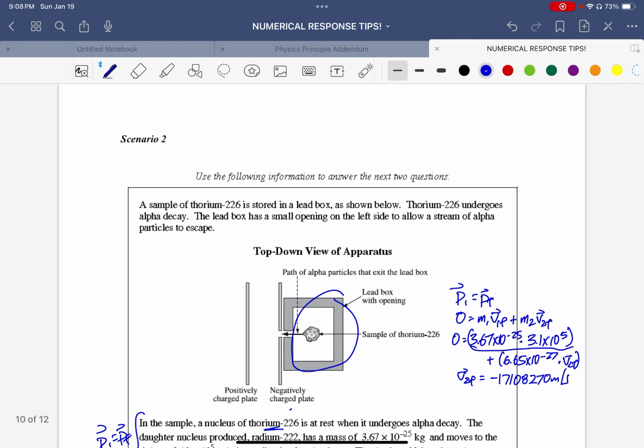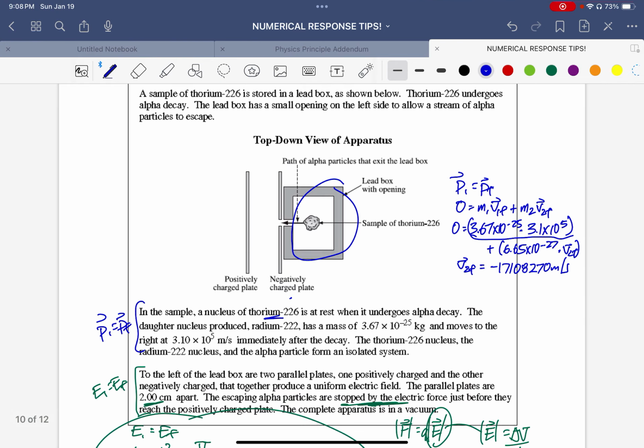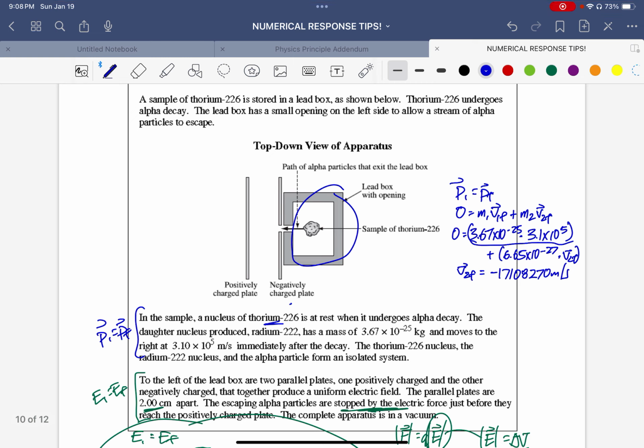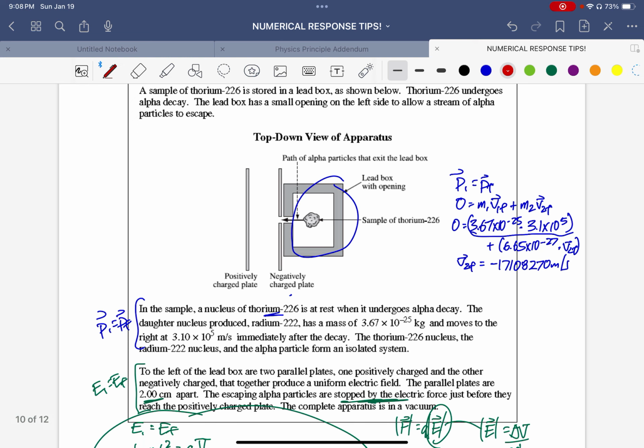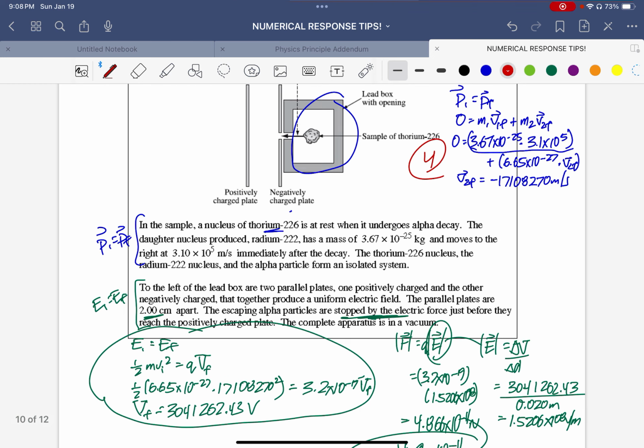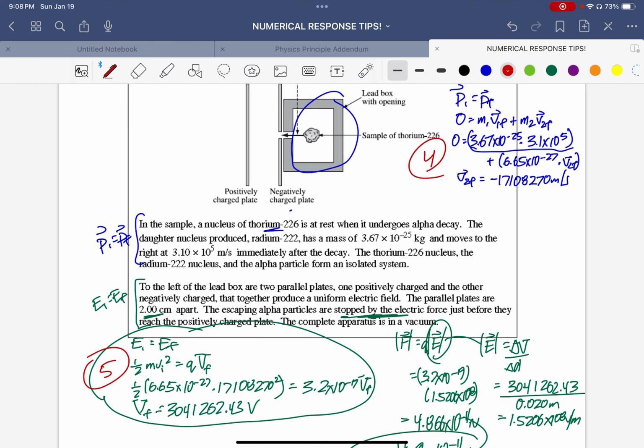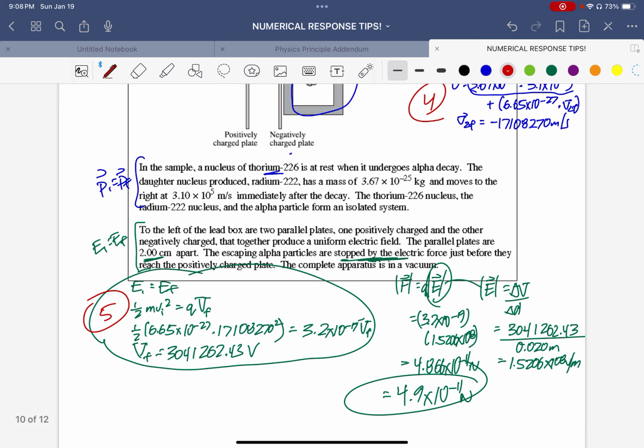In our physics principles, it's pretty clear here that we used principle 4, conservation of momentum. We used principle 5, conservation of energy. And because we used this, we could argue that we used non-uniform motion or accelerated motion as well.